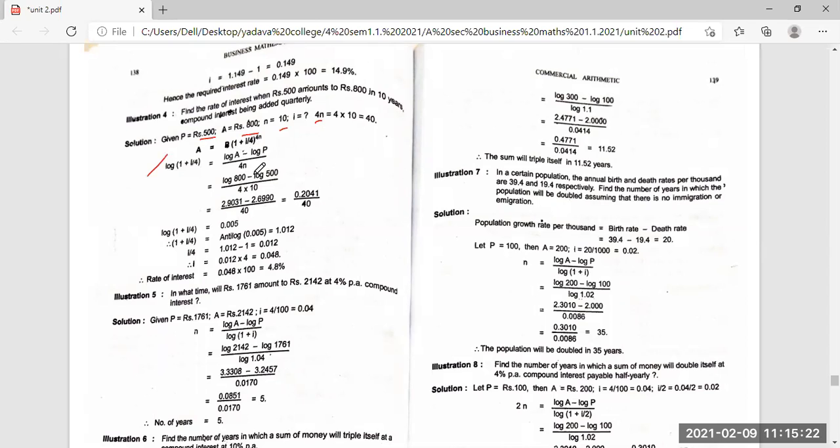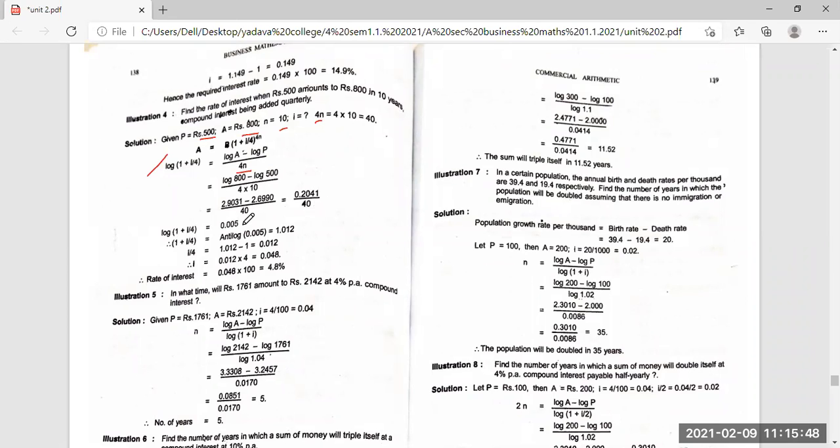Log A they have given 800, log P they have given 500, and 4 into N, N is 10 years, so 4 into 10. Putting in all the information, log 800 and log 500, we will be getting 0.2041 divided by 40, which is 0.005.